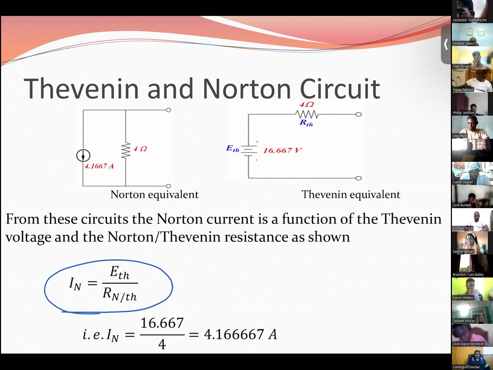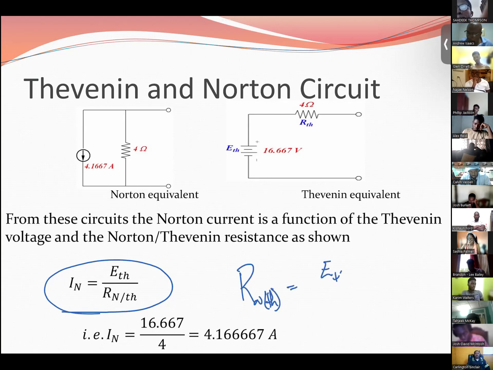But the most important use, I would say, is that because there is a relationship between the two, there are certain circuit configurations that will require you to use both. Because our R Thevenin is equal to E Thevenin over I Norton.